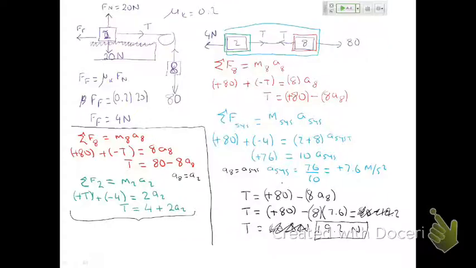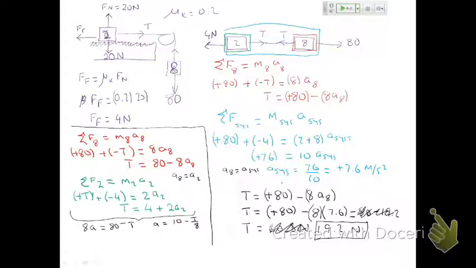So in the first equation, let's rearrange for a. 8a is equal to 80 minus t. So a is equal to 10 minus t over 8.